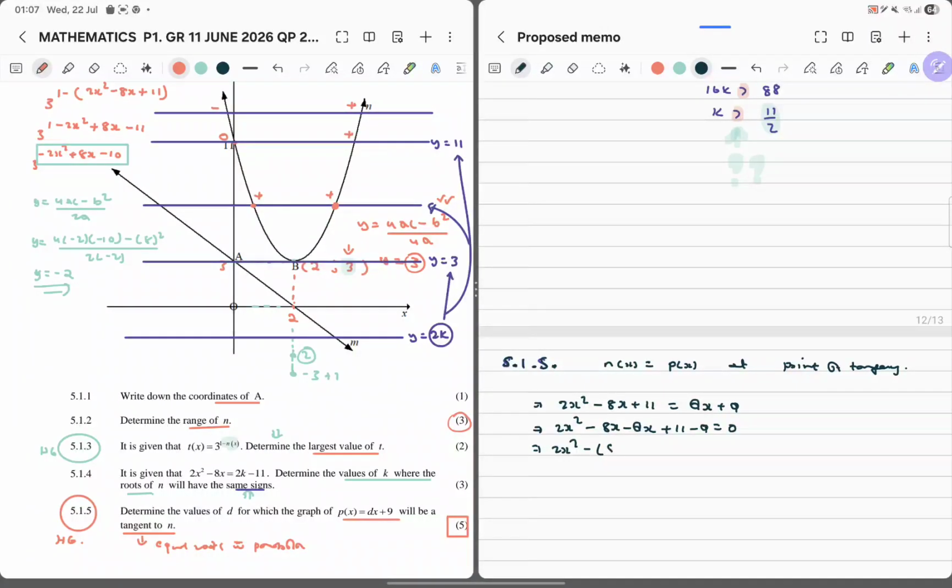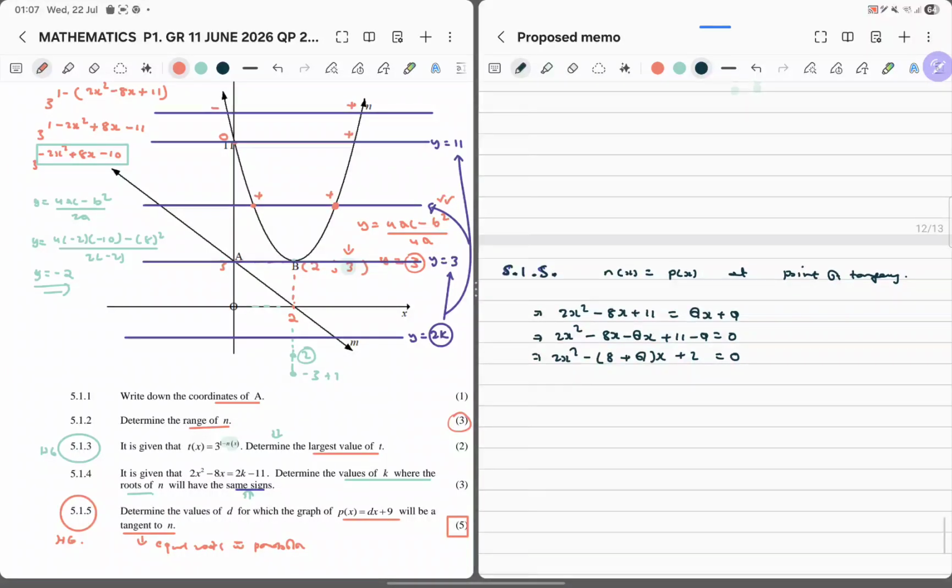When we do that, we get 8 plus d into x. 11 minus 9 is 2 equal to 0. And then let's have a look. We know that this quadratic now will have equal roots. You can just say for equal roots, we know that the discriminant must be equal to 0.